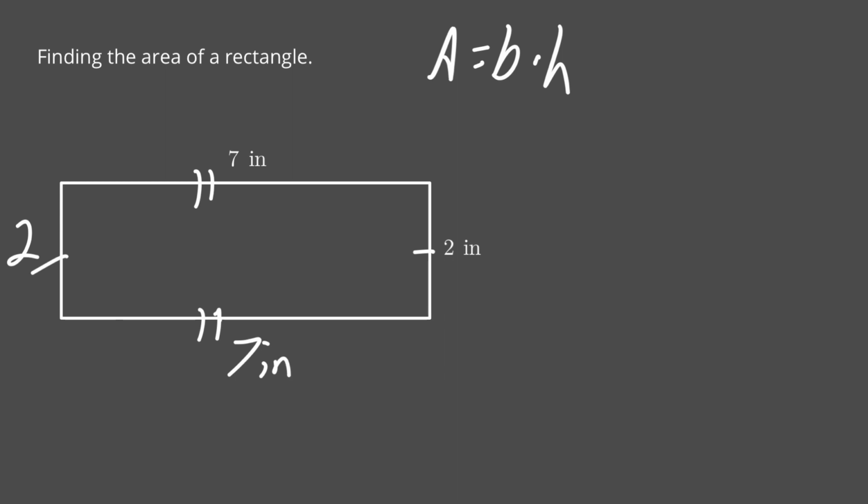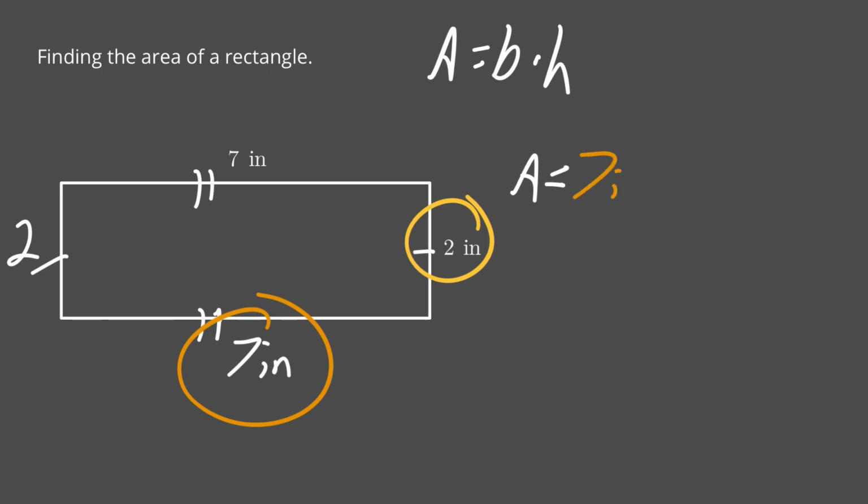Now let's plug it straight into our formula. We can circle these with colors to keep track of them. Now we have area is equal to our base of 7 inches times our height of 2 inches. 7 times 2 gives us 14, and inches gives us inches squared. And that's our final answer.